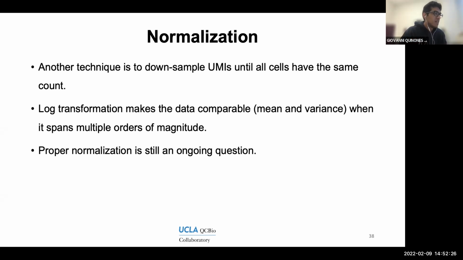And another side note that I wanted to make with normalization is that this is an ongoing question in the field in single-cell RNA sequencing, because you can think that with all the traditional approaches, there is always drawbacks and there is always limitations, and these limitations, potentially affecting your final results about the cells, about whatever conclusions you're making about the cells.